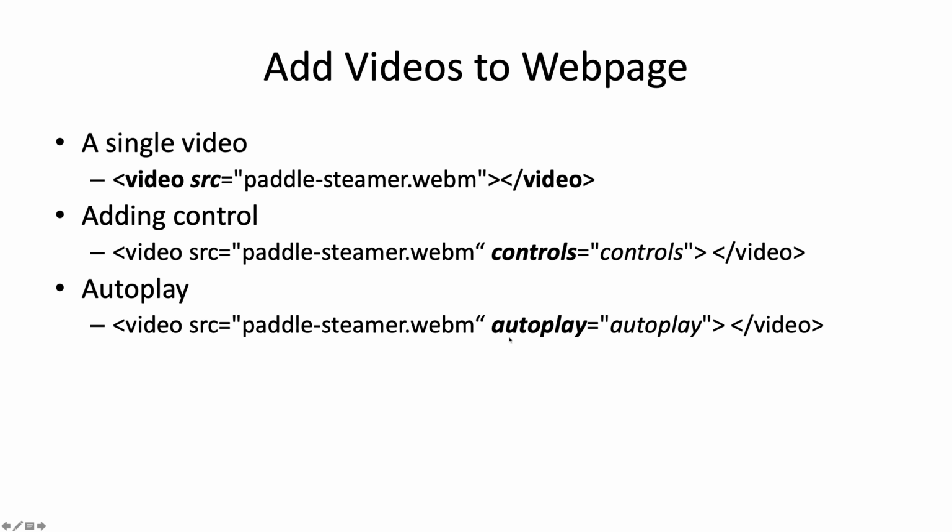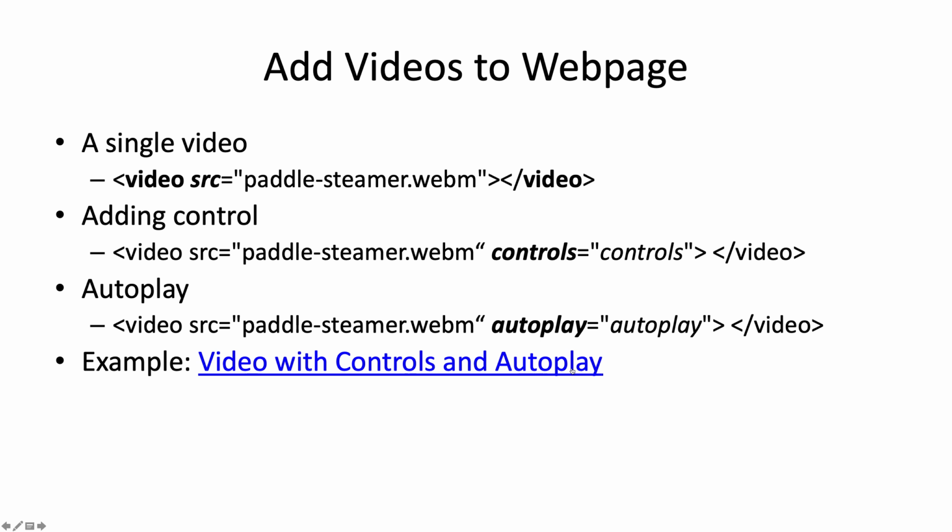Browsers now, like Chrome, have built-in features which allow you to stop videos from automatically playing after loading a page. Okay, and so this is an example of a video with the controls and autoplay attributes.